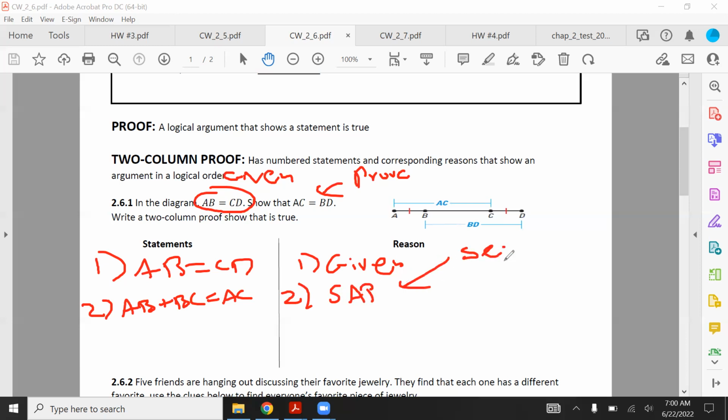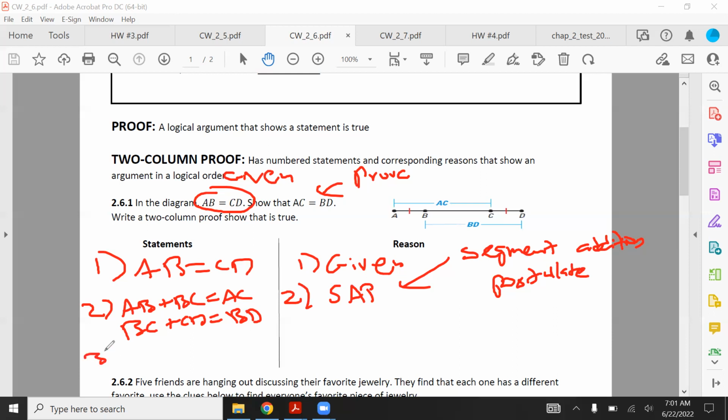We had that in chapter 1, I believe. So you have to use old stuff. I abbreviate it SAP. And I'm also going to say this in the same step: BC plus CD equals BD, because they're both the same reason, right? They're both SAP.